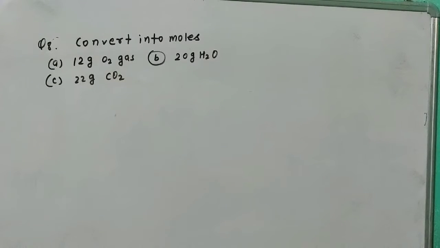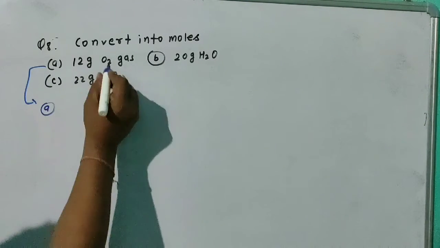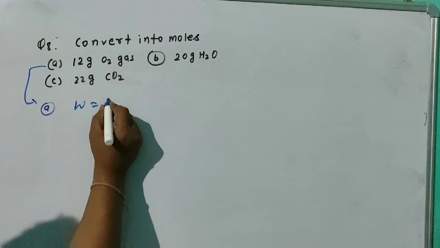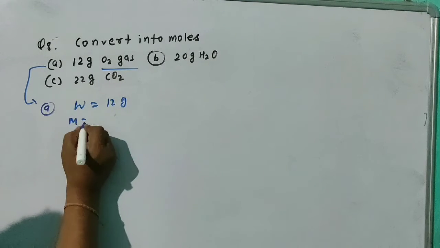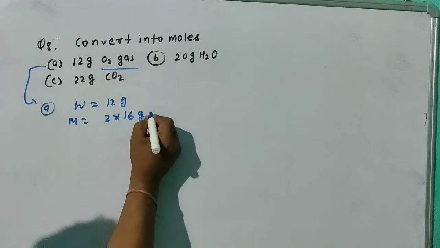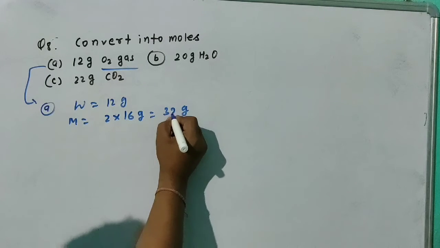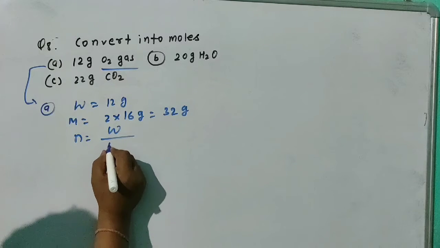Question number 8, convert into moles. Here this is first, given mass is equal to 12 gram and oxygen gas. So we have to find molecular mass. Molecular mass is equal to 2 into 16 gram, that is equal to 32 gram. Now number of mole is equal to given mass upon molecular mass.